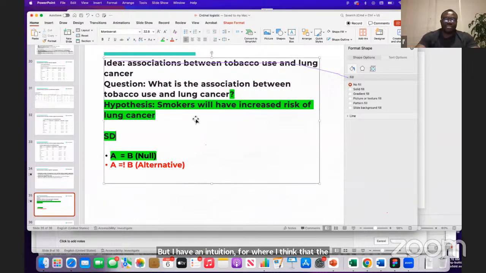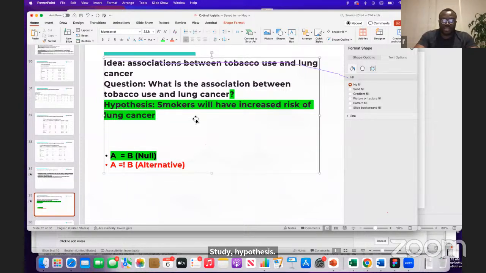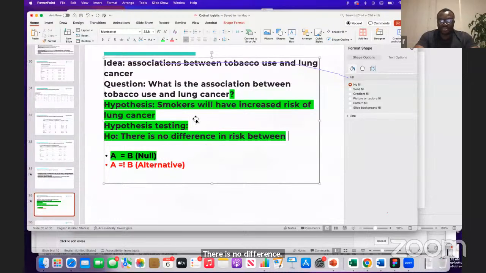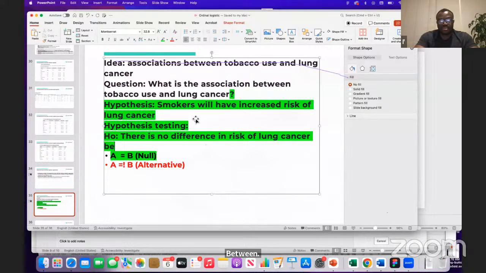Now, this is quite different from the study hypothesis, or the hypothesis for study testing. In framing the null hypothesis for hypothesis testing, the null is that there is no difference in risk of lung cancer between smokers and non-smokers.